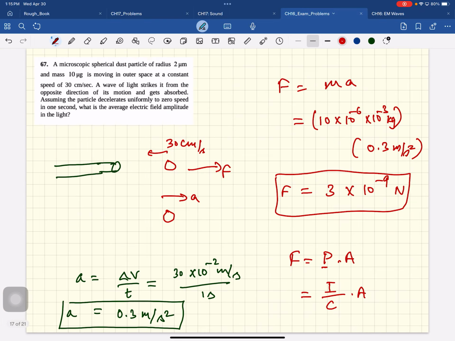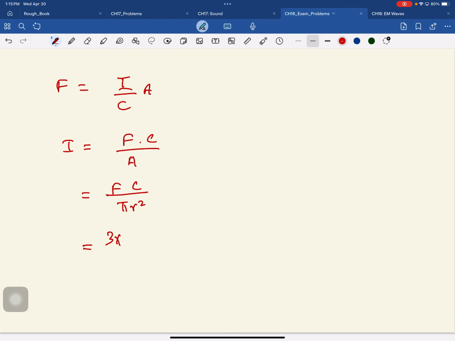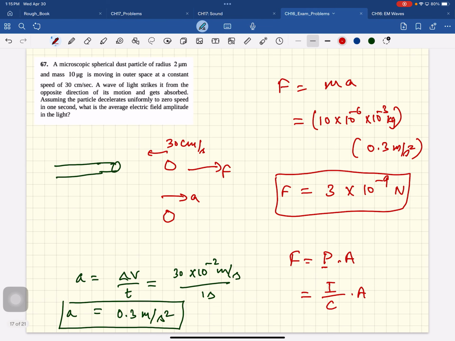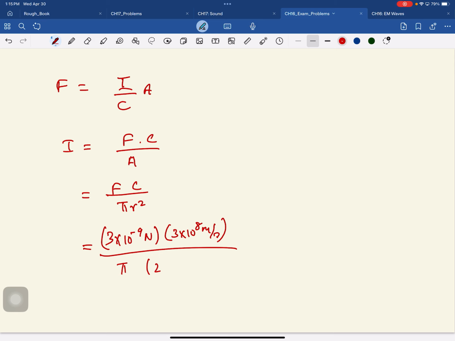So the force exerted was 3 times 10 to the minus 9 newtons. C, the speed of light, is 3 times 10 to the 8 meters per second. The radius of the particle is 2 micrometers, so 2 times 10 to the minus 6 meters, squared.